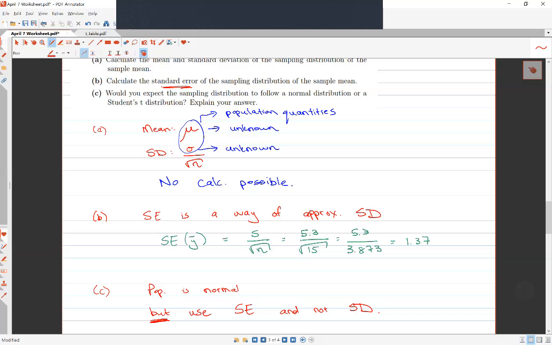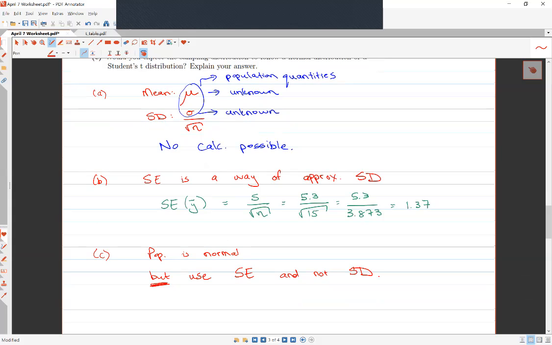So even if you start with a normal population, if you're having to use standard error because the standard deviation information is not available to you, then the sampling distribution will not be normal. That means the sampling distribution follows student's t-distribution.